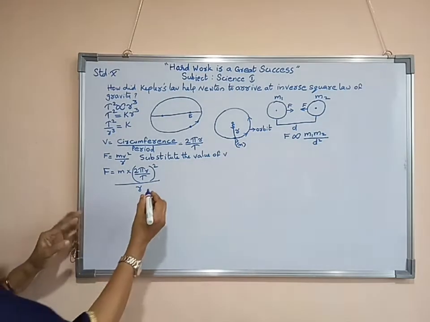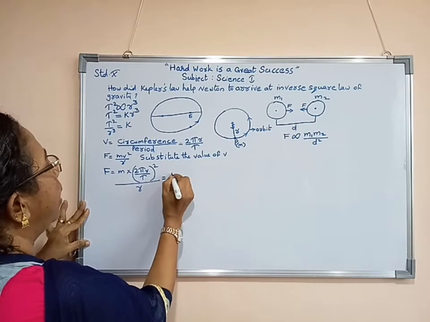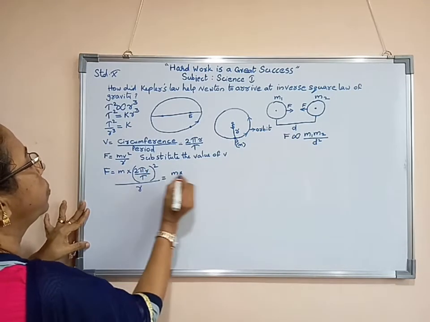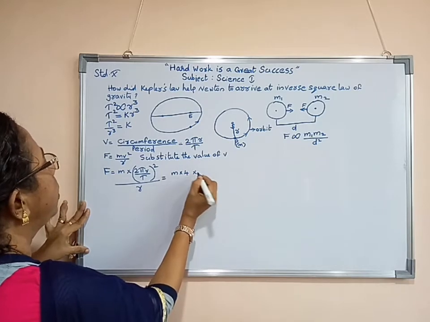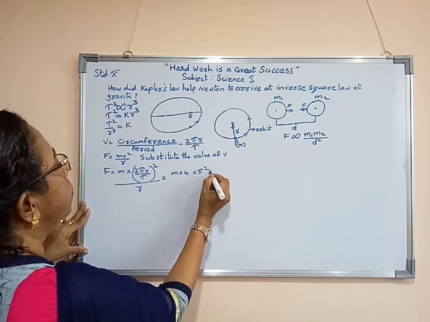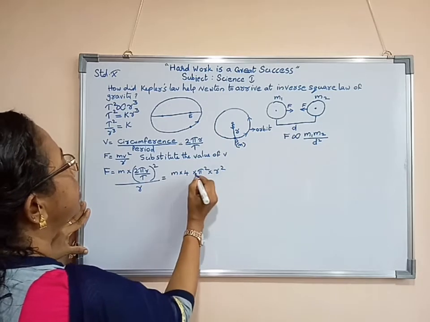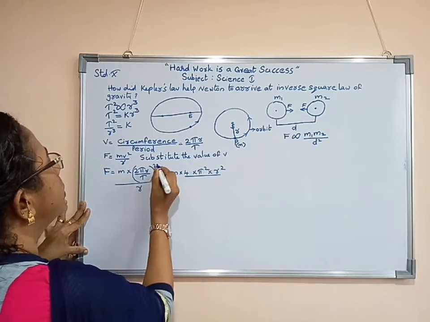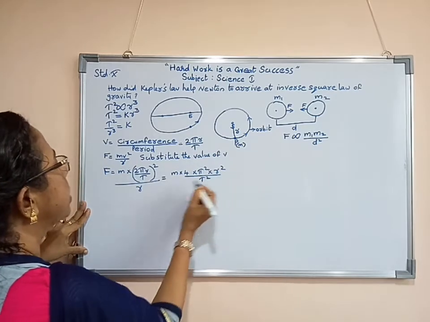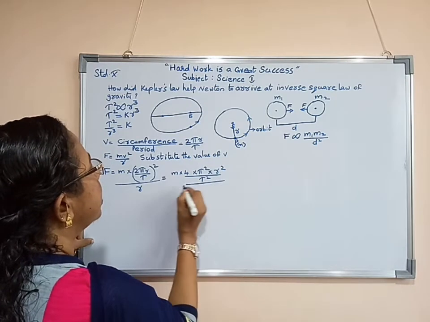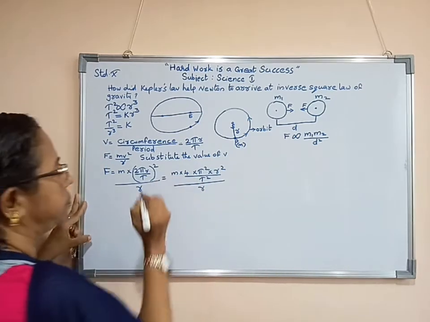Then how can we write now? m into 2 square, 2 into 2 that is 4, into pi square into r square, then upon t square, and again upon r.